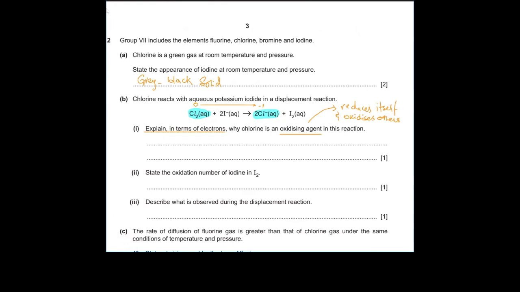So we'll write that chlorine is gaining electrons. We write electrons because there are two chlorine atoms and more than one electron. Each chlorine atom is gaining one electron, so it would be electrons. Okay, don't write one electron.